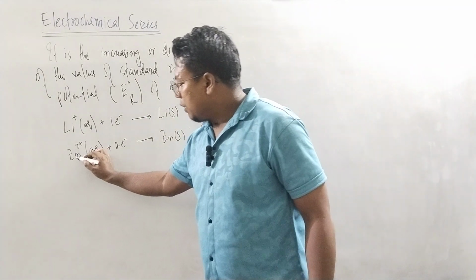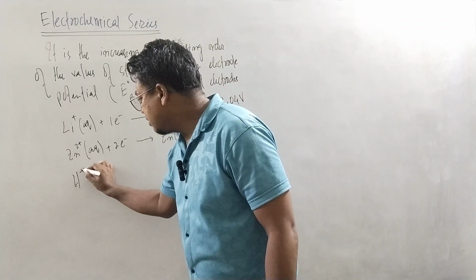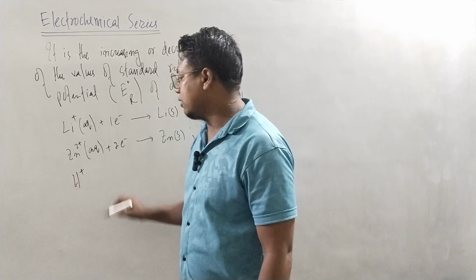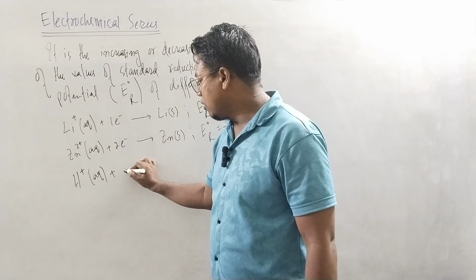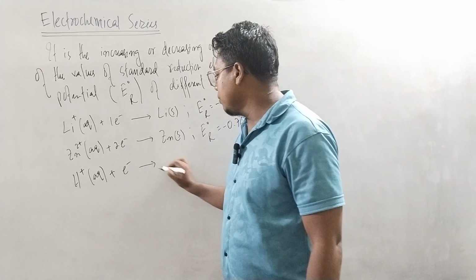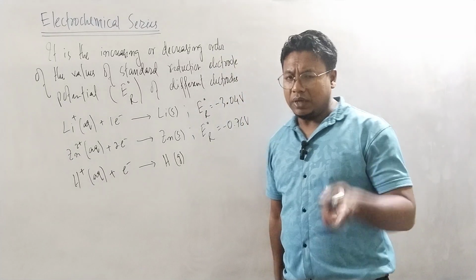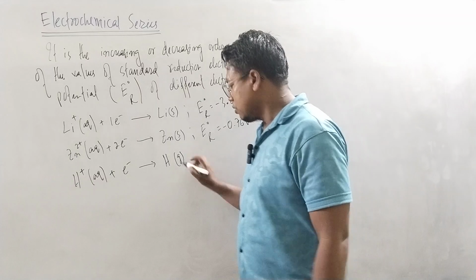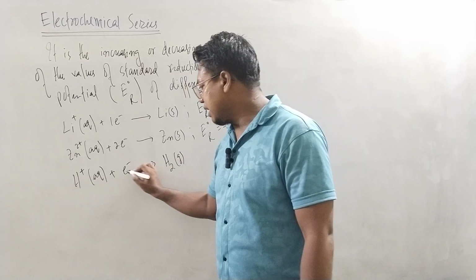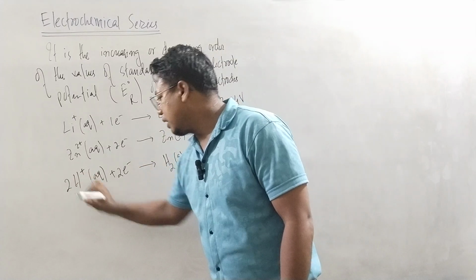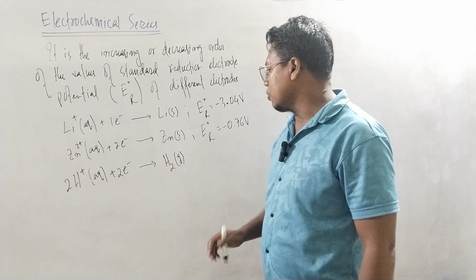Now after this zinc 2 plus, let me write the hydrogen electrode. This is the hydrogen electrode. Hydrogen plus aqueous gains one electron to form H gaseous atom, but hydrogen exists in molecular state, so I must write H2, and to balance this reaction I can write 2 here and 2 here, or I can balance this reaction by putting half over here also.